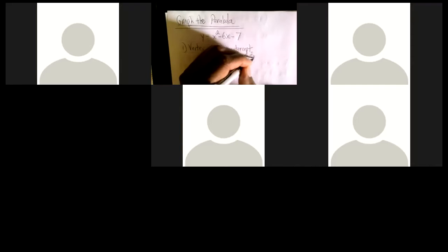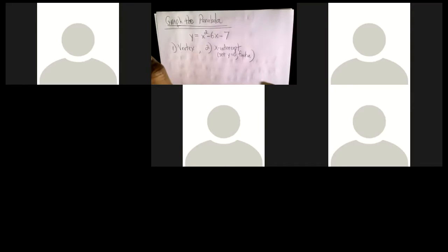Now to get the x-intercept, we set y equal to 0 and factor. Let's keep that in mind as well. The third thing we need? Y-intercept, which we find by setting x to 0.